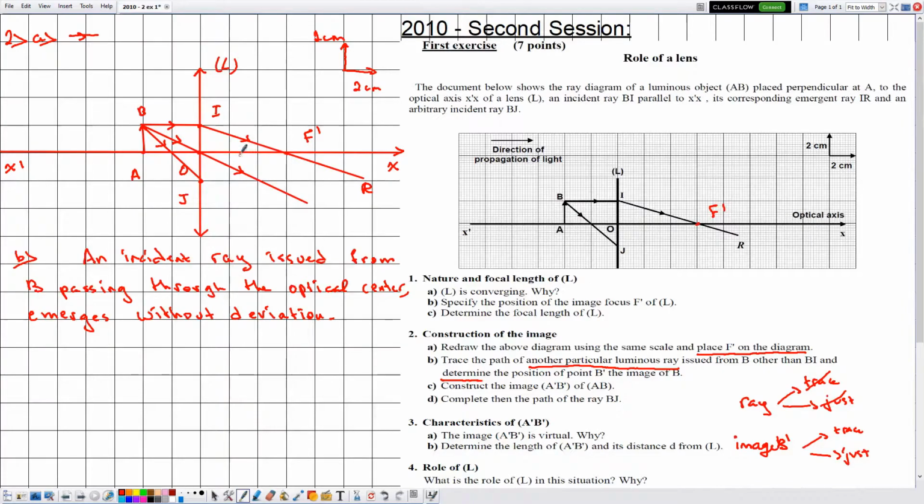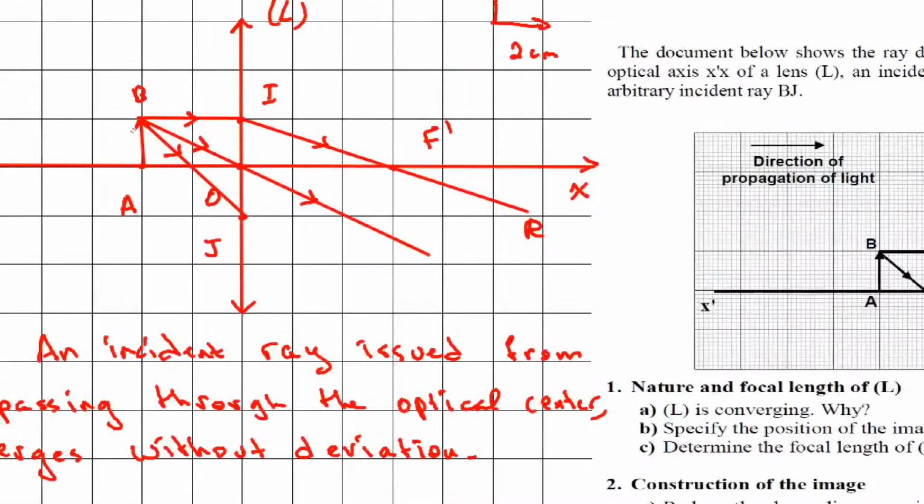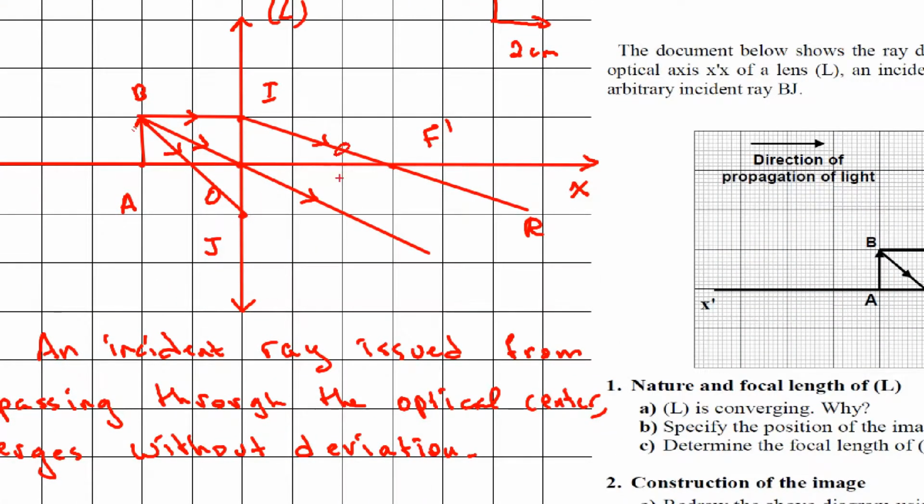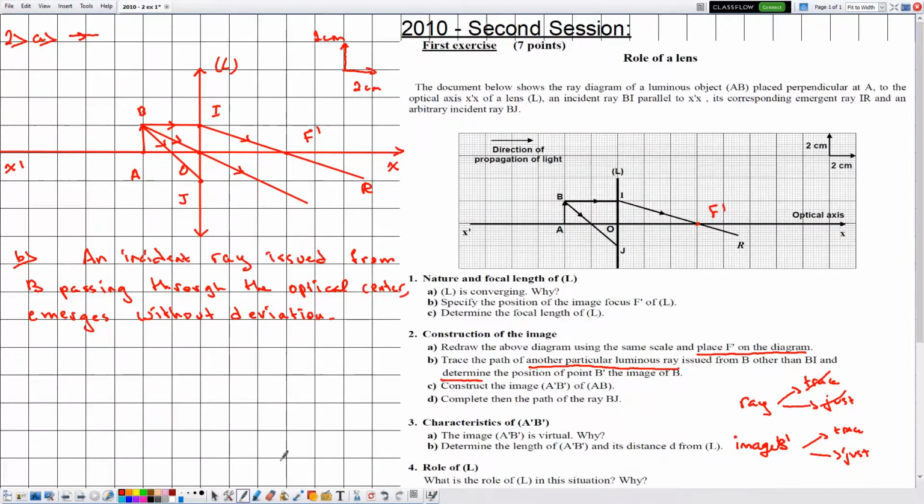In order to trace the image, we require that the emergent rays must intersect. But notice that these two emergent rays, they don't intersect behind the lens. Therefore, we need to prolongate them backward.